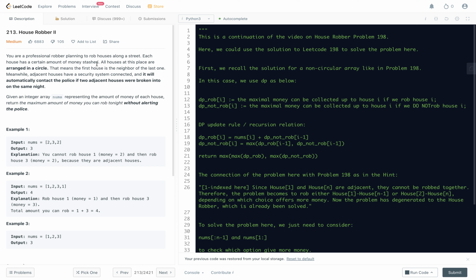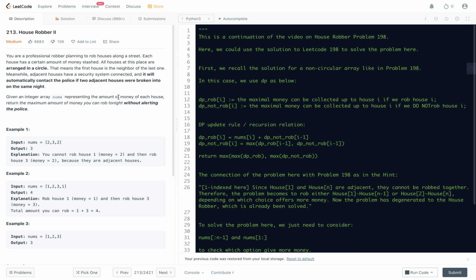First, we want to rob some houses to collect money, but the houses here are arranged in a circle, so that means the first house is the neighbor of the last one. Meanwhile, adjacent houses have a security system connected, and it will automatically contact the police if two adjacent houses were broken into on the same night.